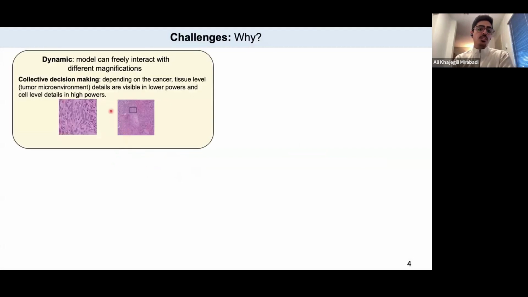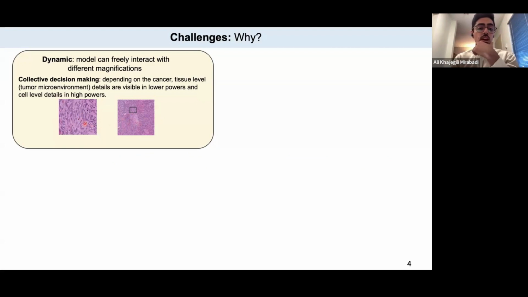So the first one is being dynamic. The model can freely interact with different magnification. The reason is that we want to have a collective decision-making strategy. For example, in these two patches that we have here, one is the high resolution patch on the right.